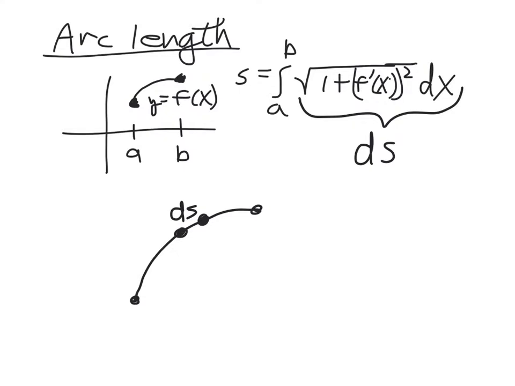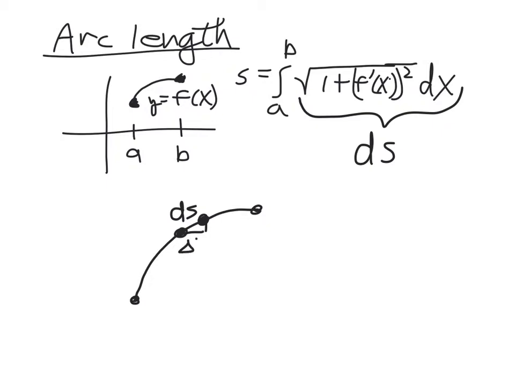We're essentially looking at just a tiny little piece of this curve, and the smaller it gets, the straighter it gets. And we can almost say it's going to be the hypotenuse of this right triangle.